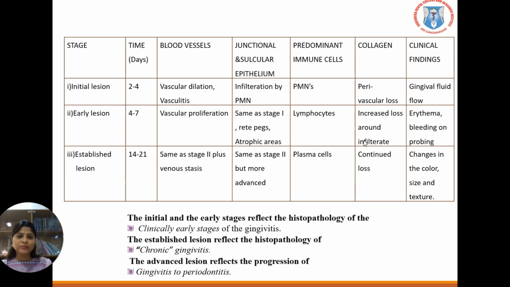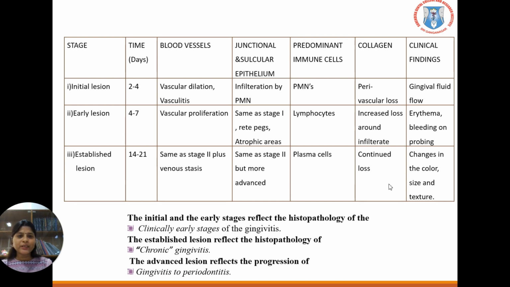Predominant cells are plasma cells, and continuous loss of collagen occurs, and because of these changes we see color, size and texture changes. Loss of collagen leads to soft, edematous gingiva. More venous stasis leads to a reddish-blue hue in the color of the gingiva.